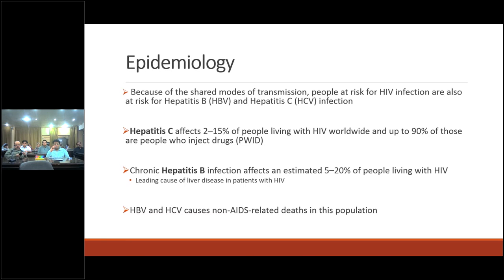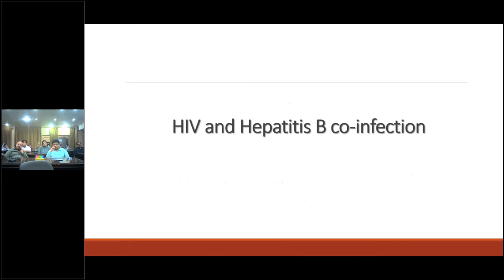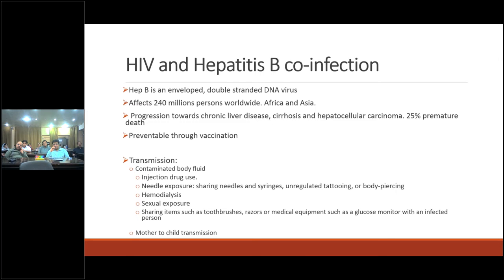This needle exposure includes sharing needles, syringes, unregulated tattooing with used needles, body piercings, acupuncture, also hemodialysis because of sharing contaminated products, sexual exposure, and sharing items where there might be microscopic exposure to blood, such as toothbrushes, razors, and medical equipment such as glucose monitoring devices.